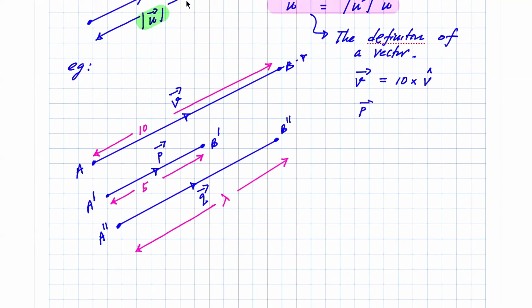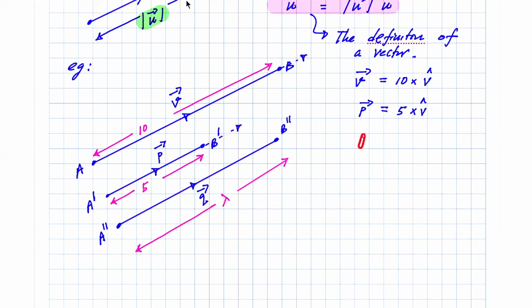V vector and P vector are parallel to each other, so the magnitude is 5, and I can use the previous direction, V hat, because the direction of this one is the direction of that one.